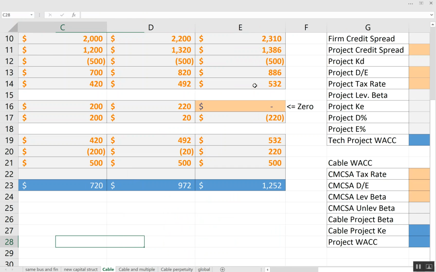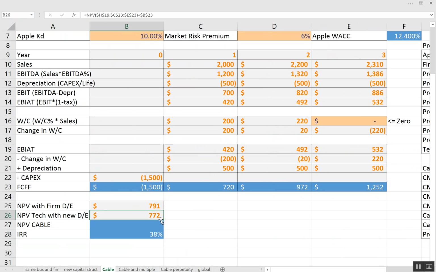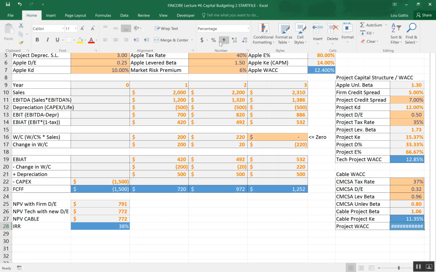So now I can calculate the NPV of cable by just copying this formula. Let me format that to turn it back to a percent, it's just added too many decimal places.